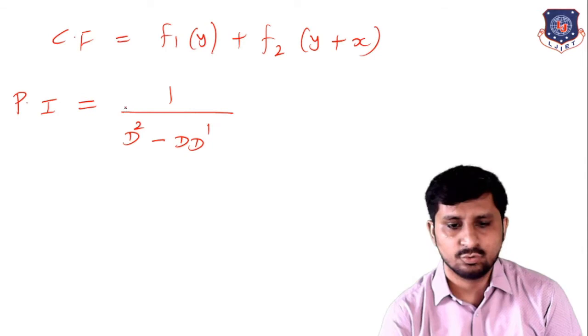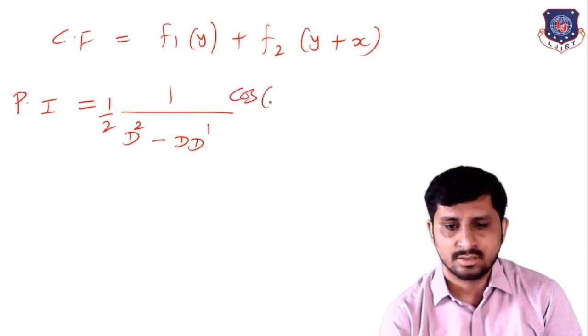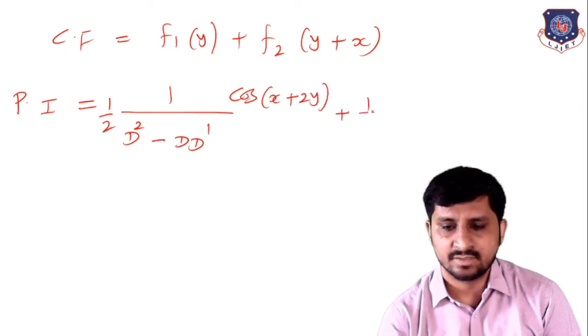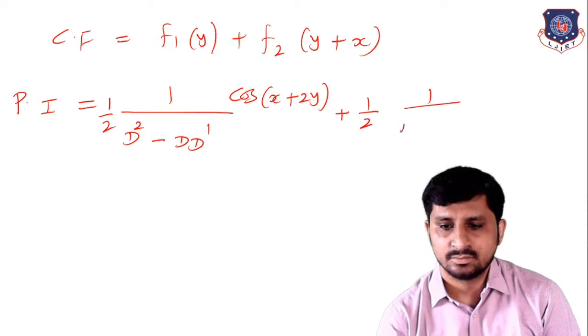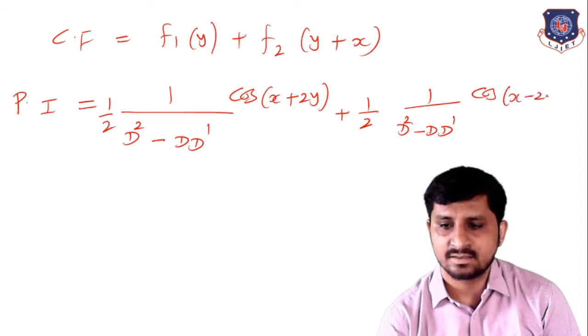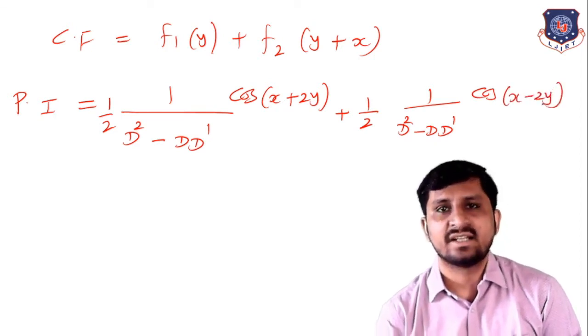We have to operate separately: 1 by 2 times 1 upon D square minus D D dash on cos(x plus 2y), plus 1 by 2 times 1 upon D square minus D D dash on cos(x minus 2y).